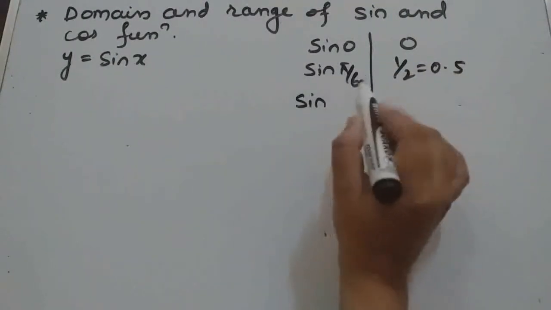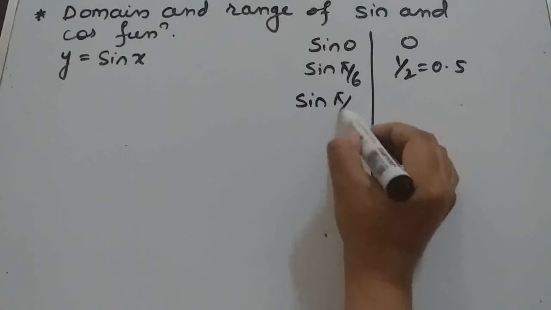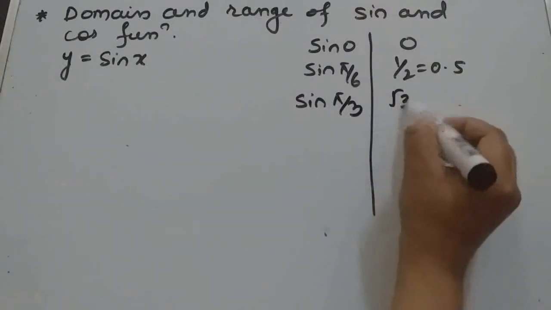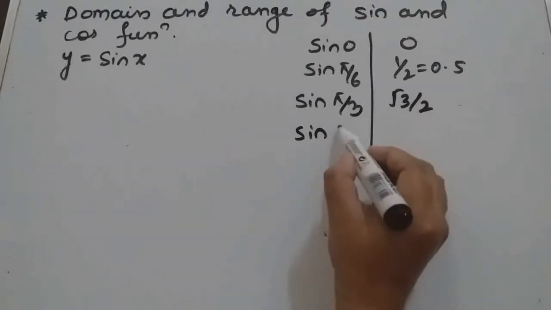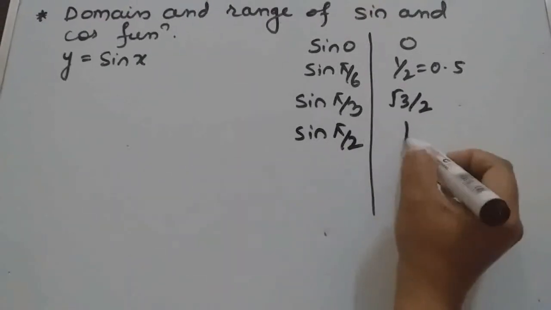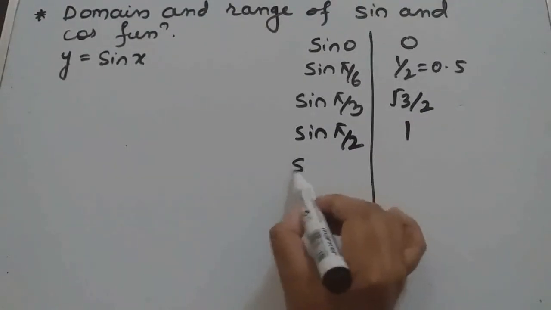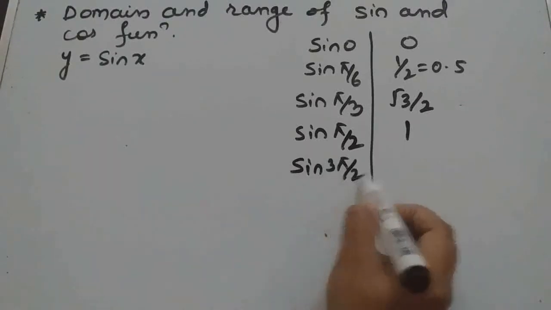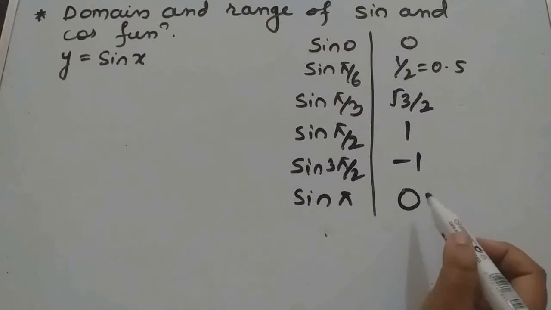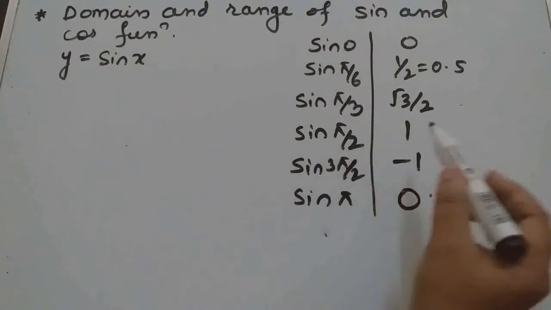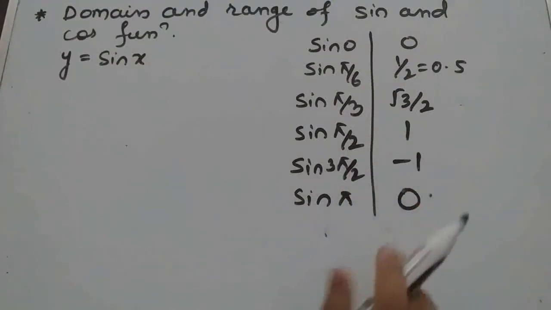Then sine 60, that is pi by 3, is root 3 by 2. Next sine 90, pi by 2, is 1. Similarly sine 3 pi by 2 is minus 1 and sine pi is 0.